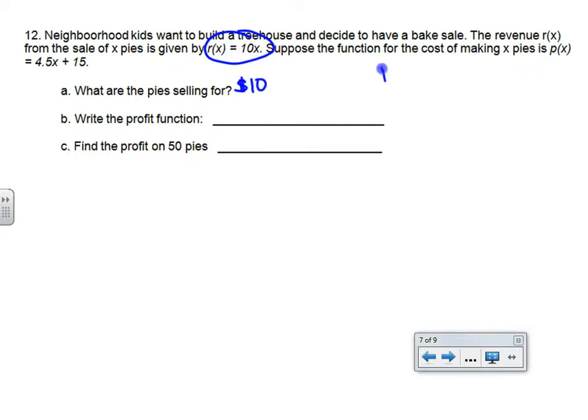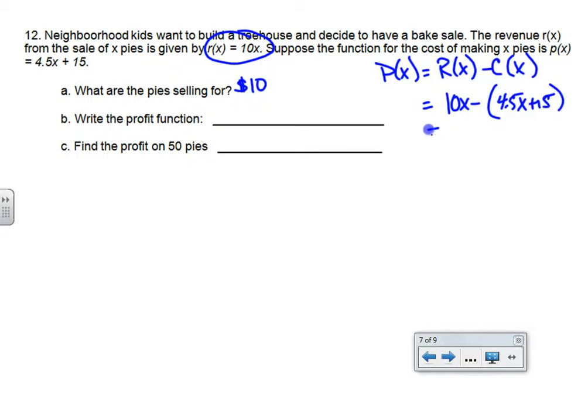And then the profit function, remember, is when you take your revenue function and you subtract off your cost function. So for us, revenue is 10x, and when we subtract the cost function, which is 4.5x plus 15, I just have to remember to distribute the subtraction sign to everybody in the cost, including the 15.